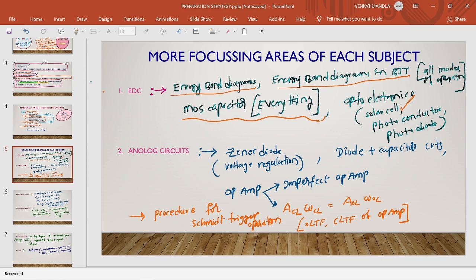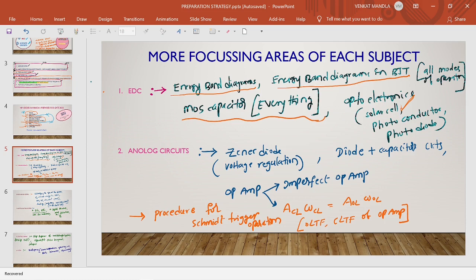Open circuit voltage and short circuit current: the maximum power relates to open circuit voltage into short circuit current, and there is a relation between efficiency, fill factor and maximum power. So try to solve more problems on the solar cell.